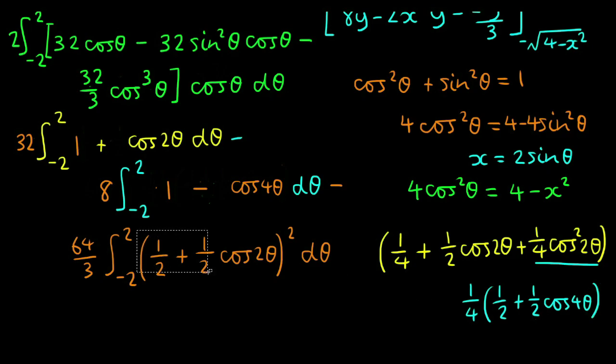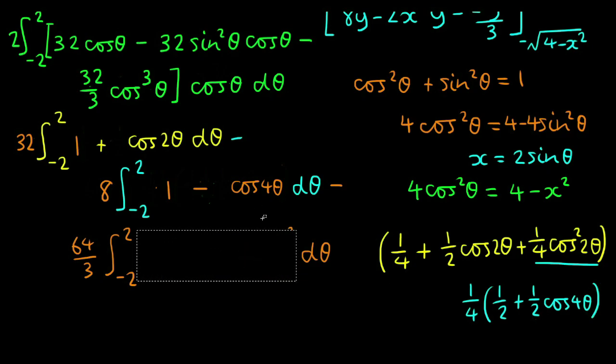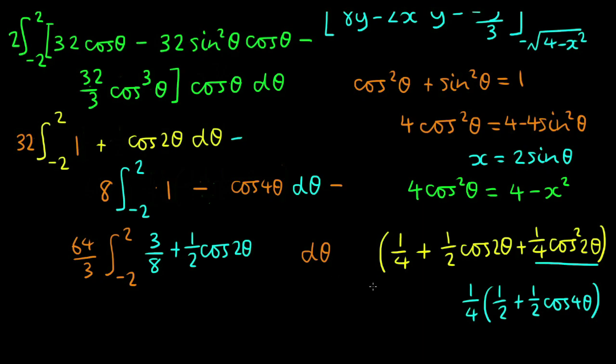So therefore we can simplify this integral. So we get 1 quarter plus 1/8 is 3/8 and plus a half cosine 2 theta and plus an 1/8 cosine 4 theta.